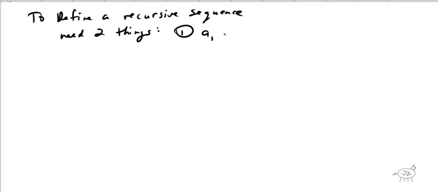So I need a sub 1, and I'm going to make that 12. So I need the first term. I'm going to put a star here. This is required. What happens a lot of times is kids forget that. They forget to give me the first term, and you got to start someplace, right?